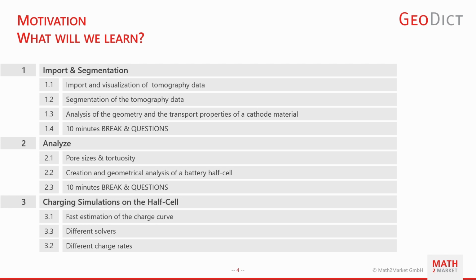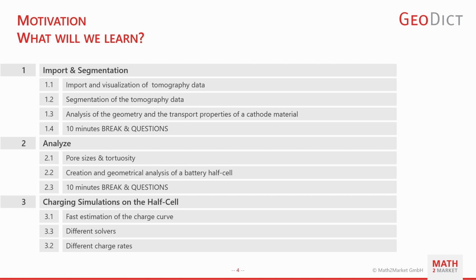In the first part, we'll start with importing the 3D scan data. In our case, it is a micro CT scan, but of course the import also works with other 3D image scans like FIB-SEM data or something else.